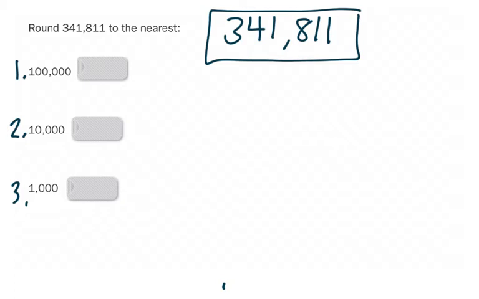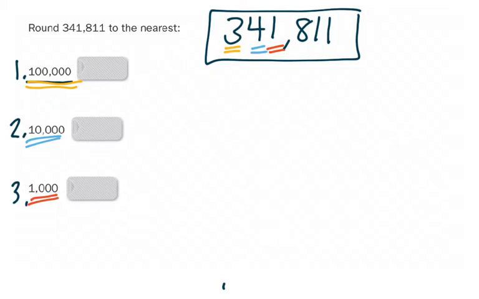So we're going to round this number 3 different times. For the first one, we'll round it to the nearest 100,000. For the second one, we'll round to the nearest 10,000. And for number 3, we'll round to the nearest 1,000.